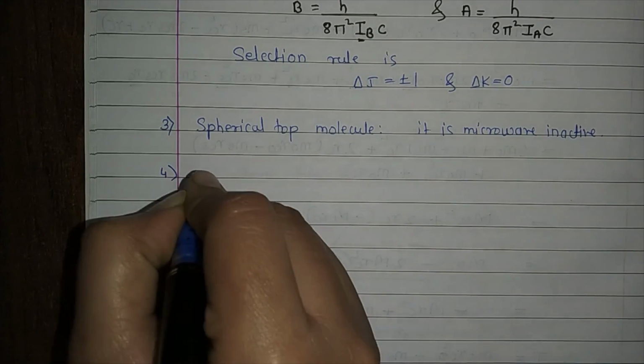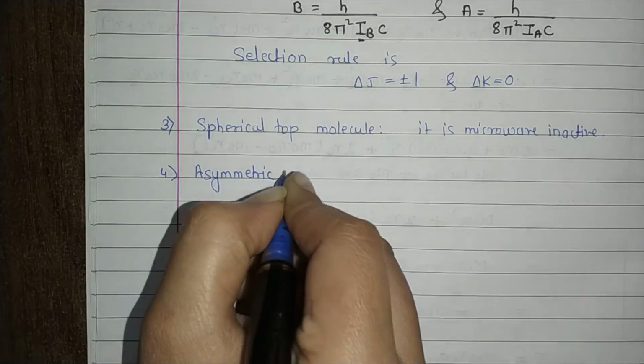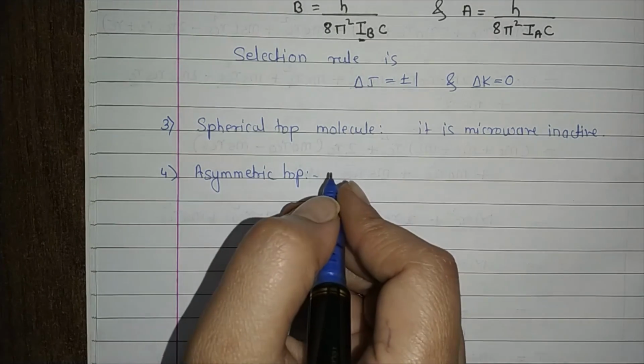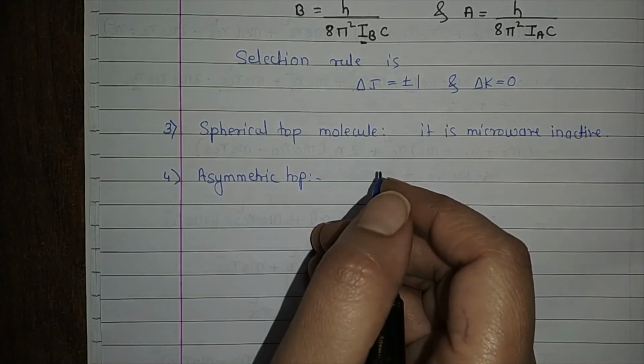Okay. Now fourth is a asymmetric top. So for the asymmetric top molecule, it becomes more complicated, okay?